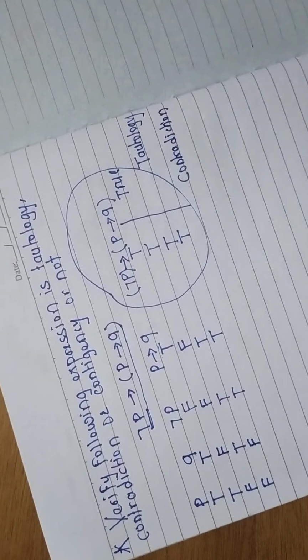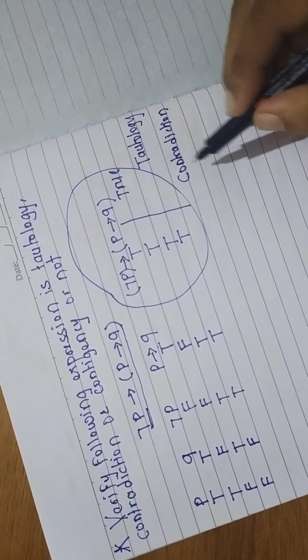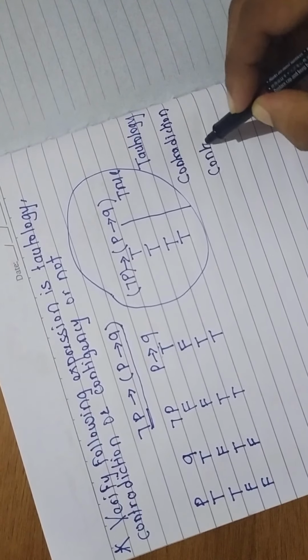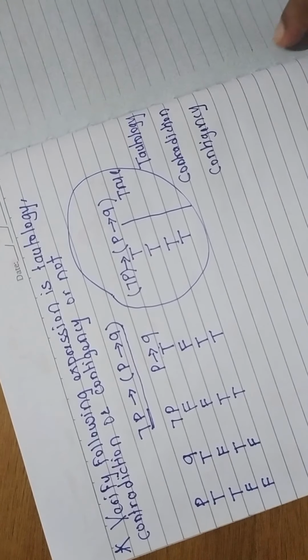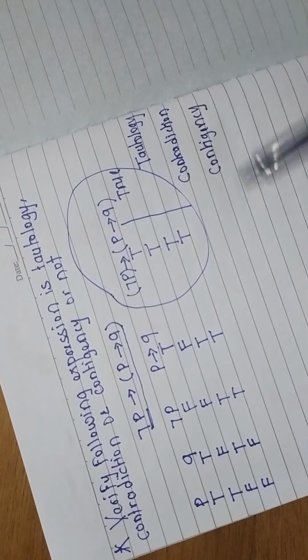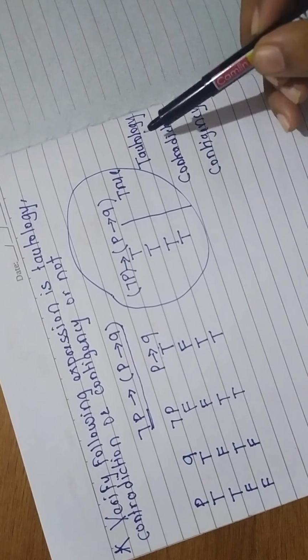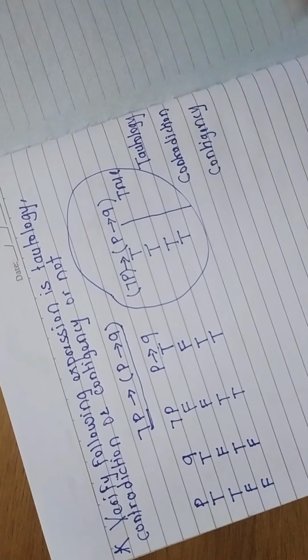And if in the final column you get combinations of true and false, then it is called a contingency. I hope you are getting this point. As far as this expression is concerned, this expression is a tautology, because in the final result all are true.